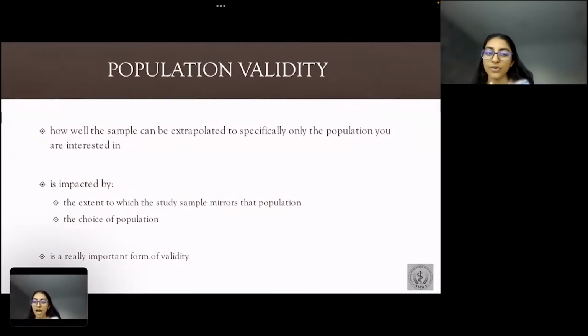The differences between urban and rural environments include differences in facilities, education, and resources, which all may be confounding factors. And there's reason to suspect that the population validity is therefore low. So when you're reading through the literature, this is a really important form of validity to look out for. Next slide, please.